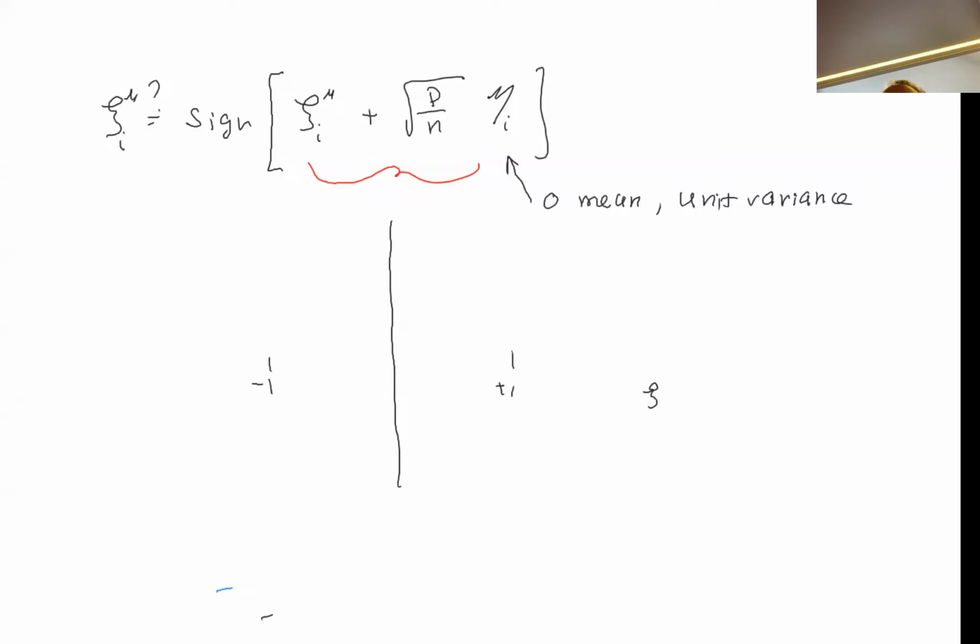There's some randomness around here. Gaussian random variable for different values of i. And over here. And the width of this is the square root of p over n.